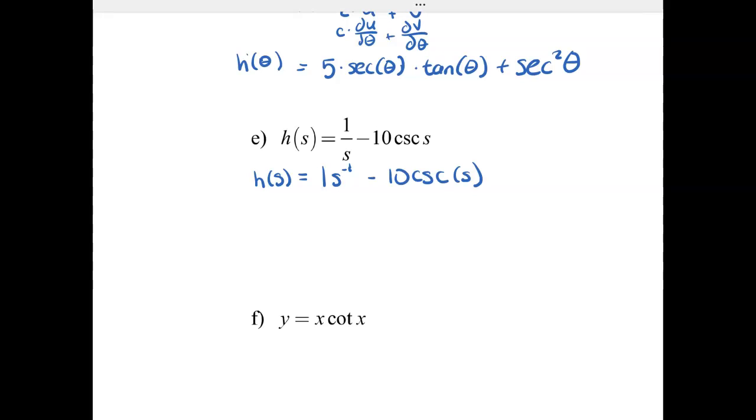Alright, so then I've got h primed of s using power rule is just going to be negative 1 s to the negative 2 minus 10, because that's still my constant, it's going to stay chilling.